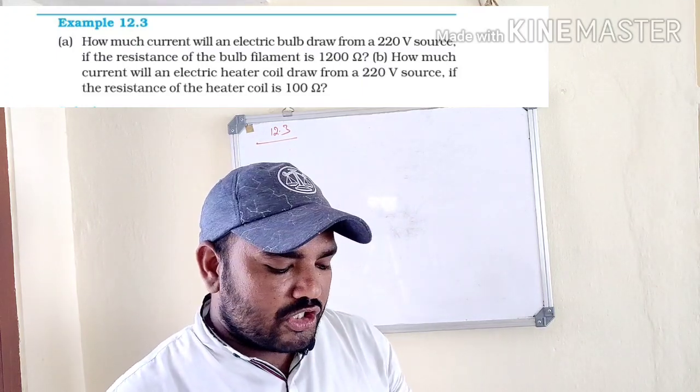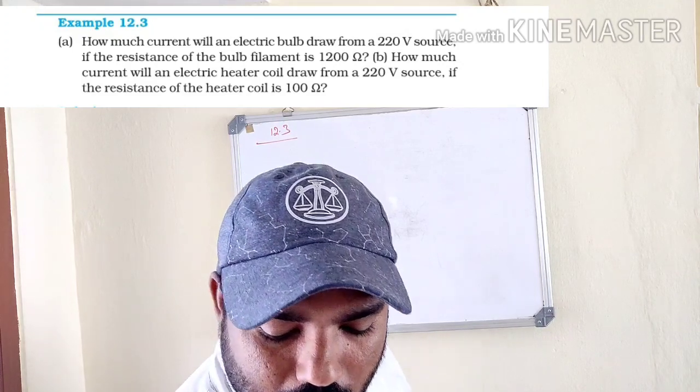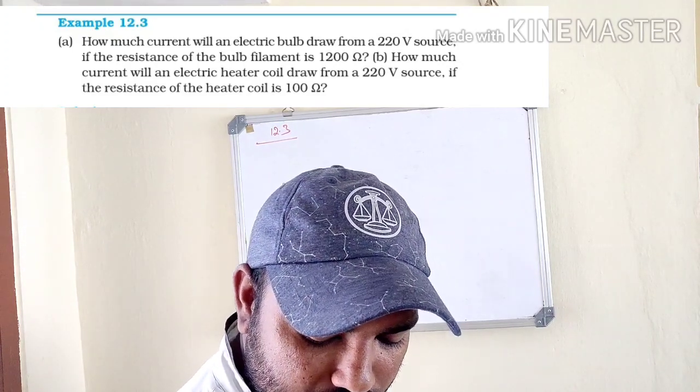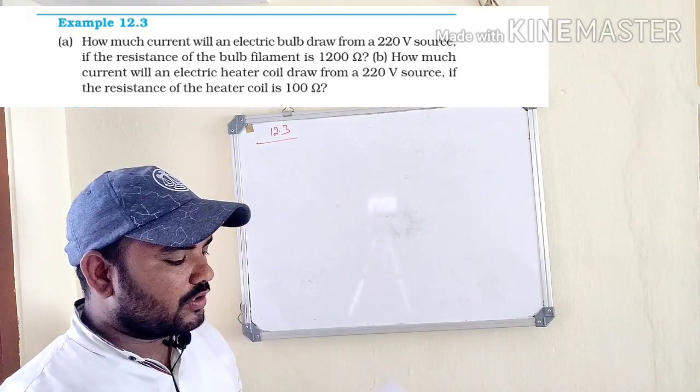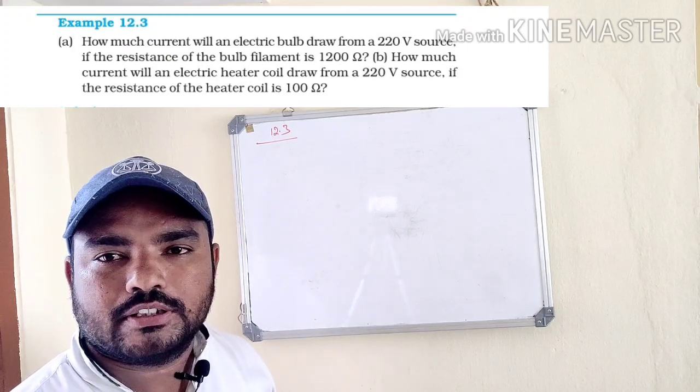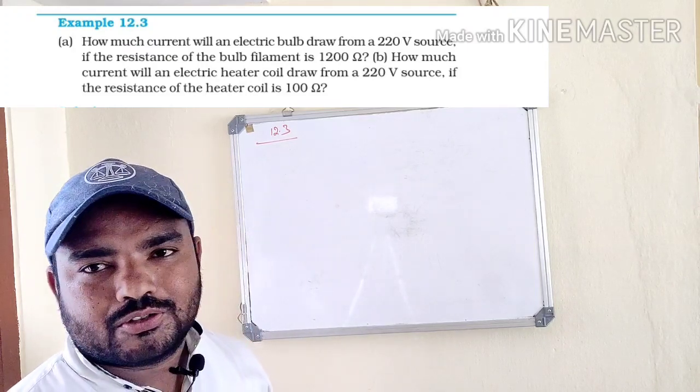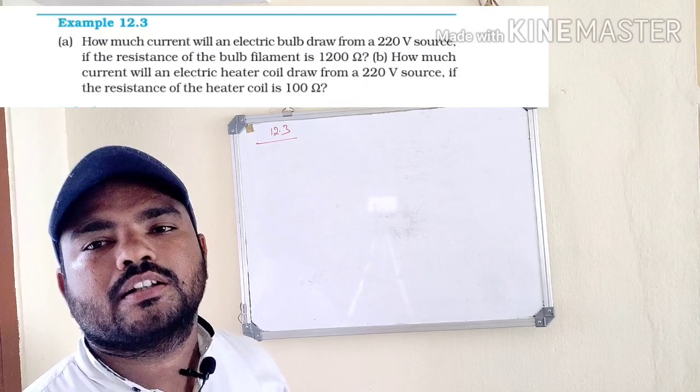Here they are using the Ohm's law concept only. It is clearly understood because they have mentioned resistance and voltage. So anyhow we need to calculate current.